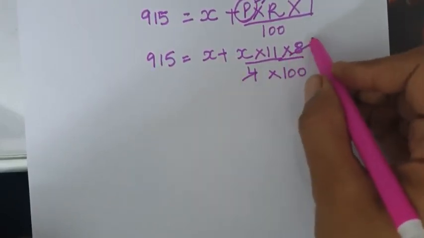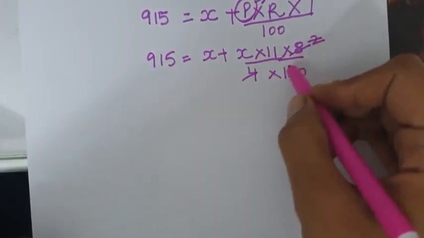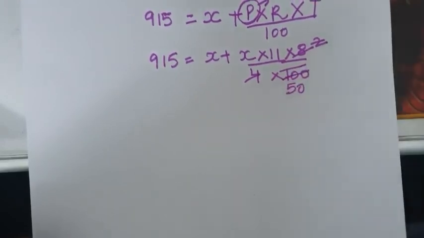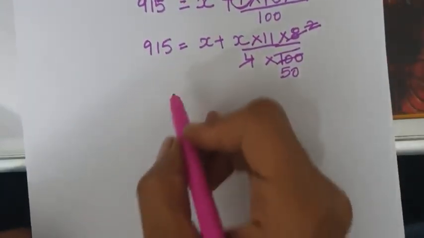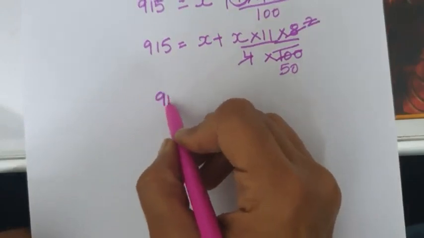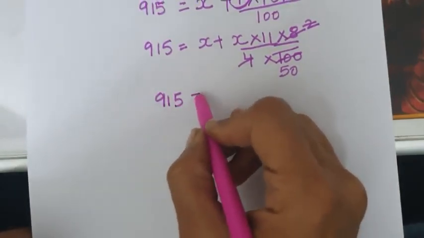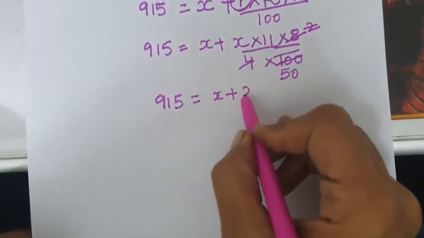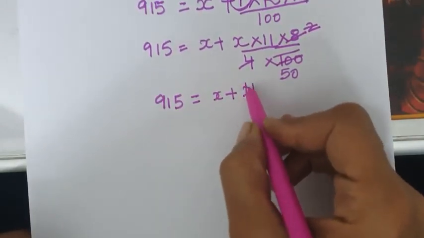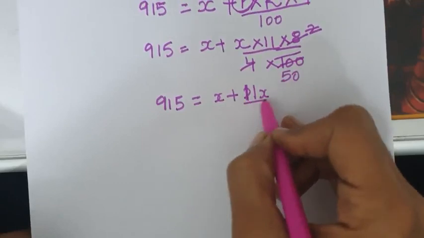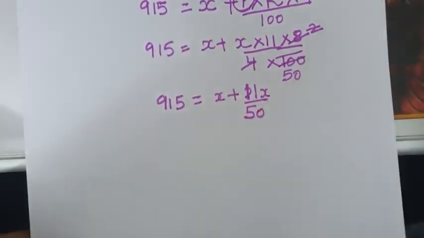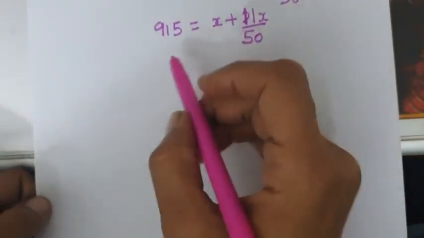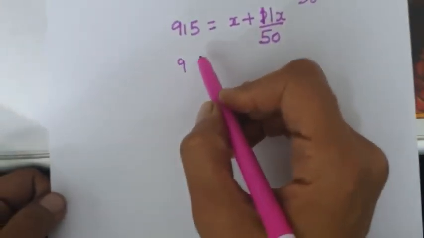Now 4 2 is 8. 2 50 is 100. Clear? So now we get what? 915 is equal to X plus 11X upon 50. So now children, take the LCM here. So what we get?